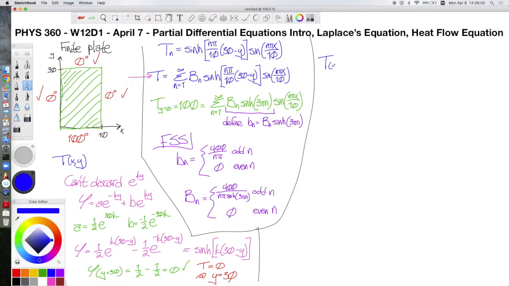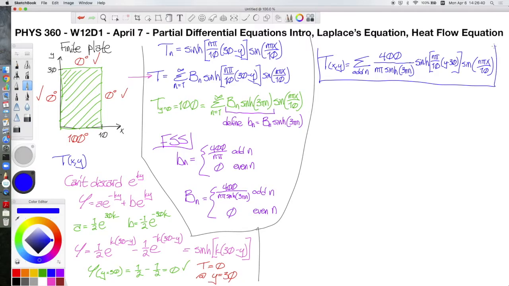Our temperature as a function of x and y can be written as the sum over all odd values of n. The coefficient Bn is 400 over n pi times the sinh of 3 pi n, times our x piece times our y piece, so times the sinh of n pi over 10 times (y minus 30), times the sine of n pi x over 10.